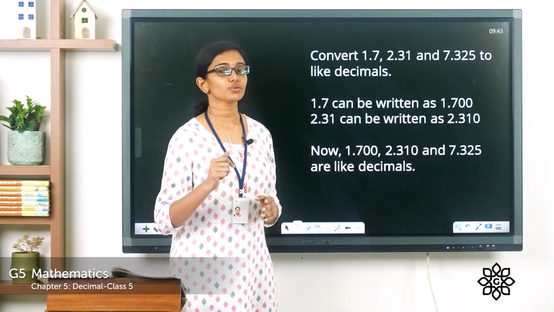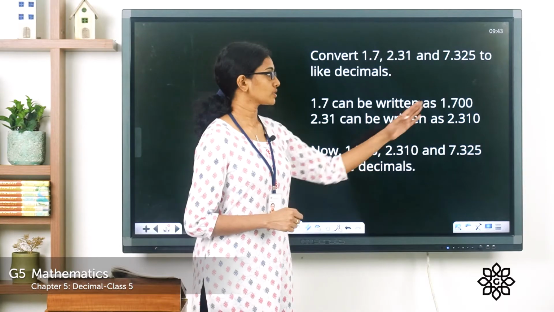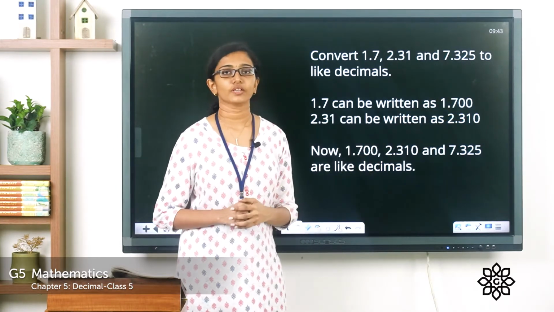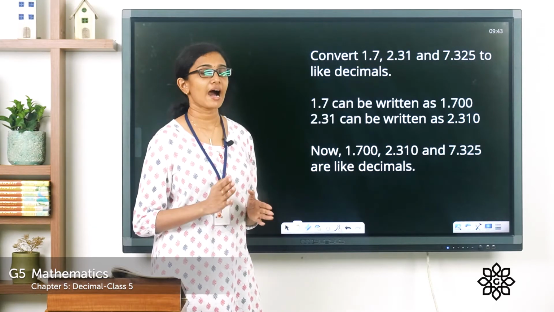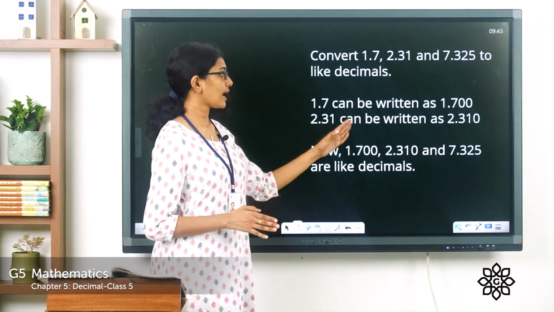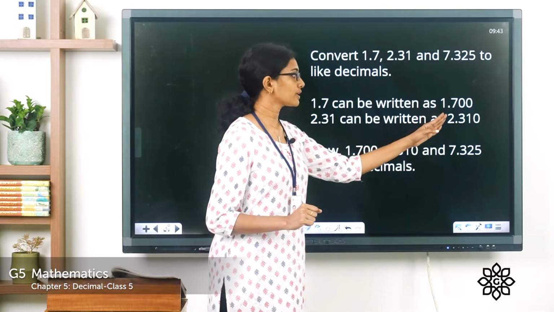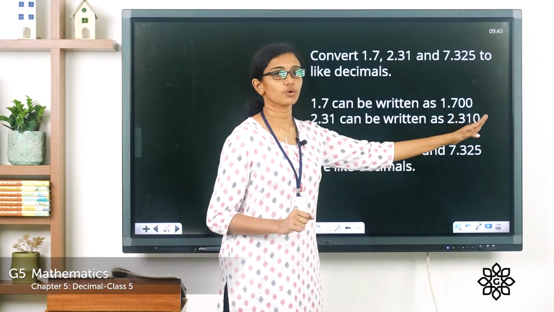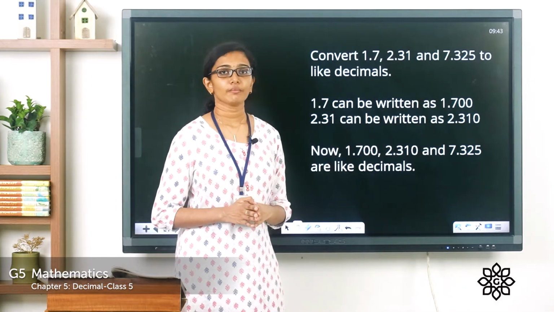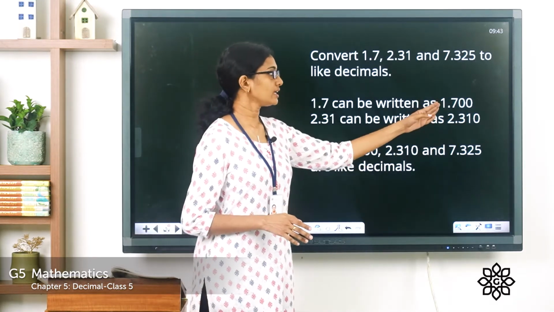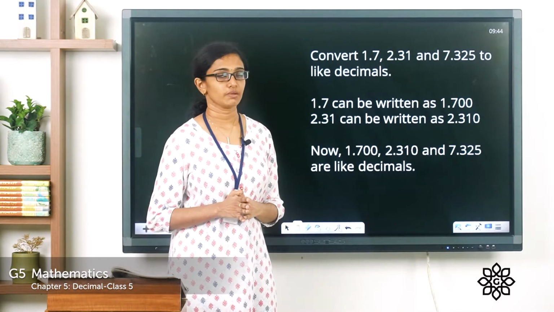We added 2 zeros to the extreme right. So now there are 3 digits after the decimal point. Now, what about 2.31? How many zeros should we add? We can add just 1 zero. Now it becomes 2.310. Now both these numbers have the same number of digits after the decimal point and there are 3 digits after the decimal point.